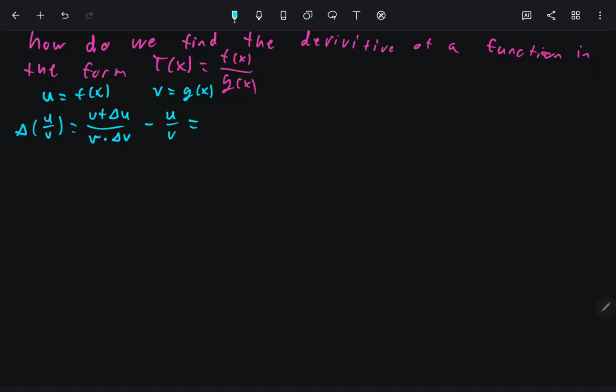So we are going to get v times u plus change in u, minus u times v plus change in v, all over, whenever we cross multiply this, we get v times v plus change in v. All right. What do we do now?